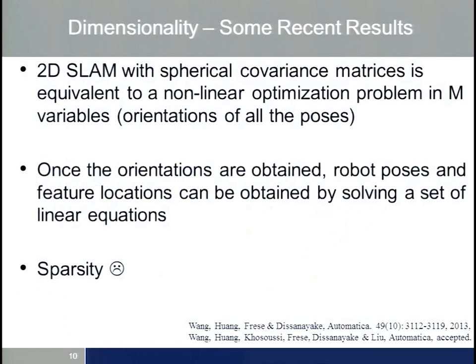So the dimensionality now is just the number of poses. And then once you find the orientations, you can find the rest of the solution by solving a linear set of equations. That obviously looks very good, but the sparsity is lost. So you are not as fast as in the other solutions, but now we are looking at some new ideas on how to maintain the sparsity as well, and hopefully a paper will come in ICRA if we can get it done.